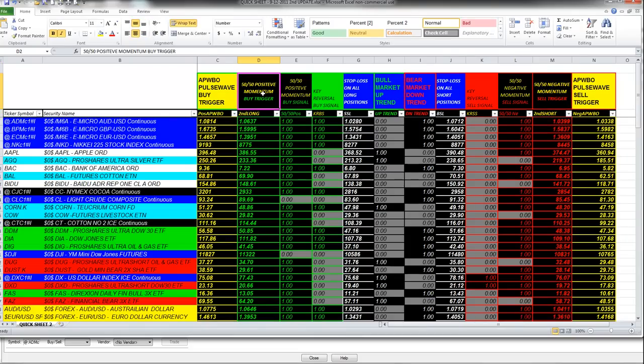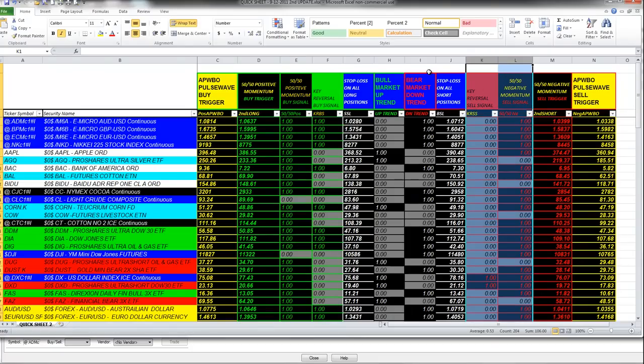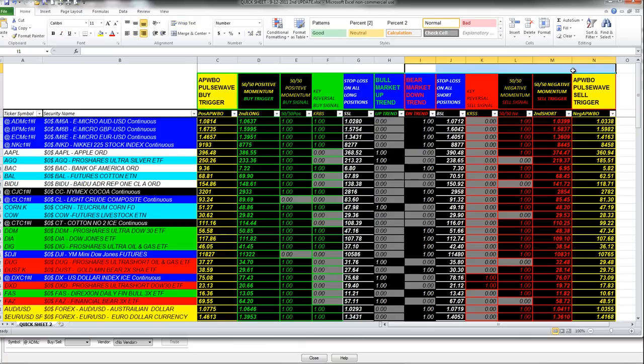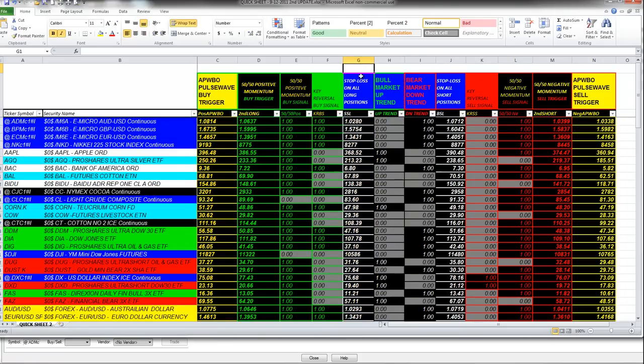Whenever there's a buy signal, it will be here in columns E and F. Likewise for sell signals, columns K and L. Basically, this side of the page is your sell system, and this side is your buy, your long system.